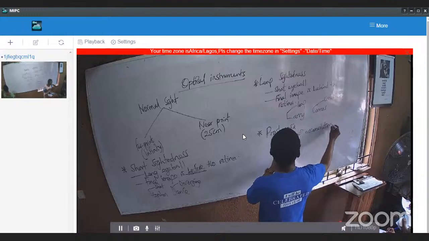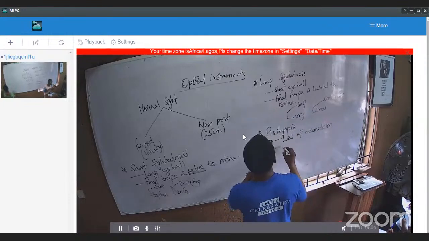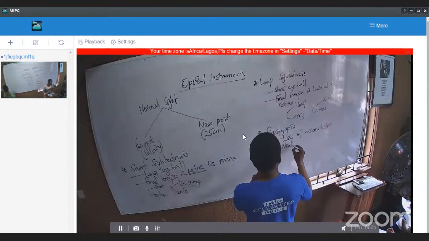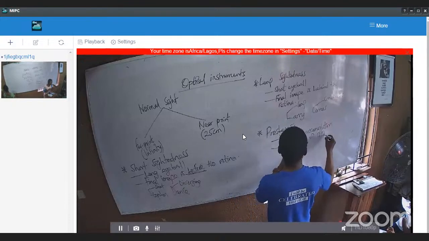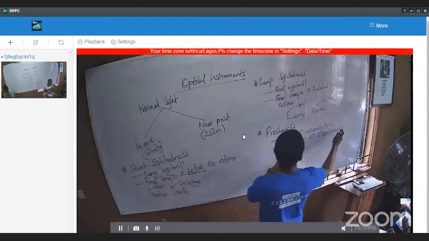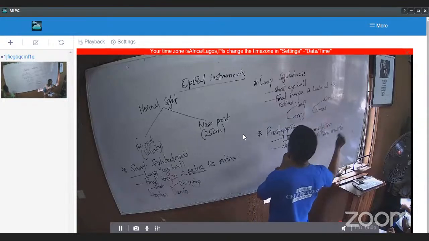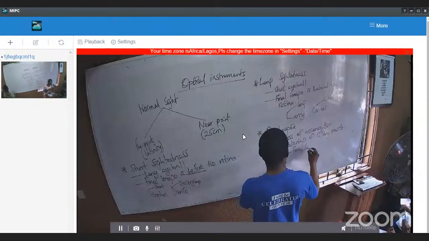Wrinkling, weakening of the ciliary muscle. You need a bifocal lens. Bifocal lens for correction.